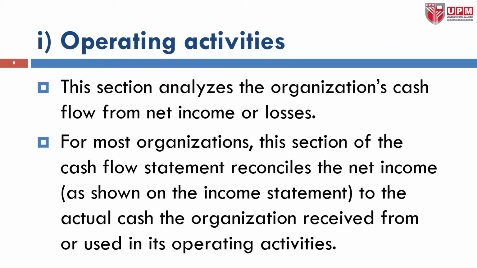With regard to the operating activities, this section analyzes the organization's cash flow from the net income or losses. For most organizations, this section of the cash flow statements reconciles the net income as shown on the income statement to the actual cash the organization received from or used in its operating activities.